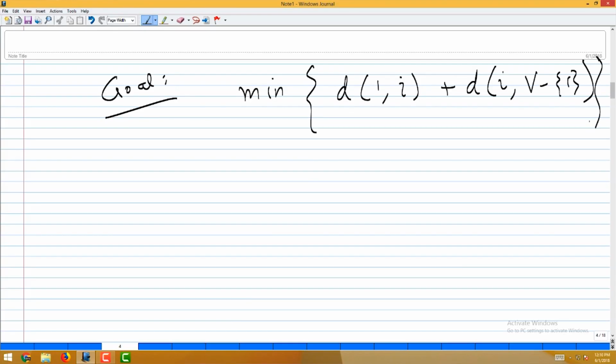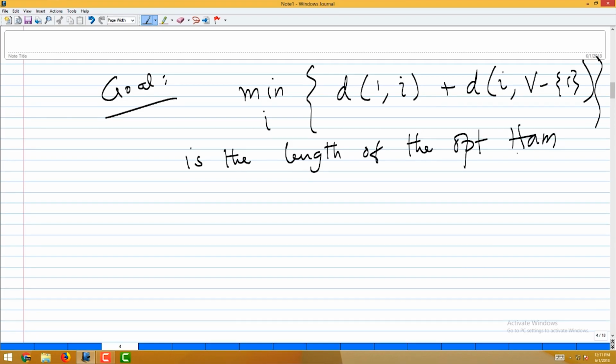This is already computed from my table. So, I finally get my answer like this, which is the length of the optimum Hamiltonian cycle. So, this is my nice dynamic programming algorithm.